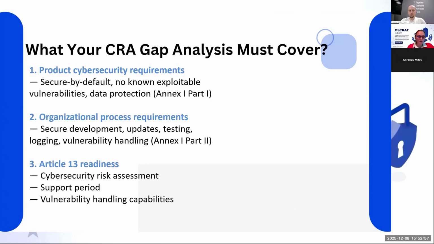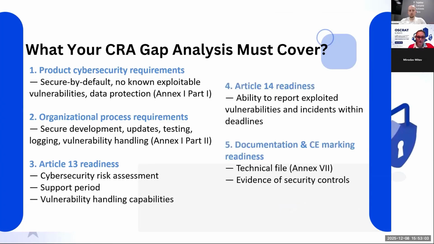A complete CRA gap analysis covers five areas: product requirements, organizational processes, Articles 13 and 14 readiness, and documentation for CE marking. If any of these areas is incomplete, the organization cannot demonstrate conformity under the CRA.